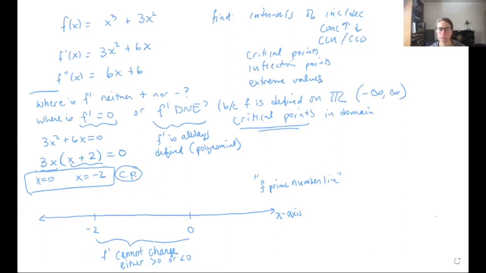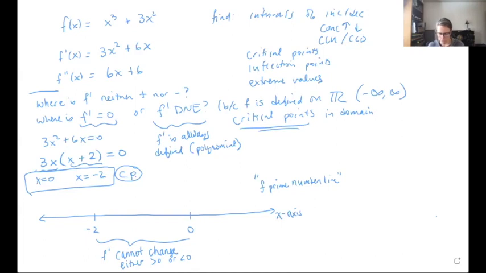So we can confidently say that on the entire interval from -2 to 0, my derivative is either positive or negative. And then we can confidently say that on the interval from -2 to 0, my function is either increasing or decreasing, but it cannot be changing from one to the other. That's kind of the key logical piece here.